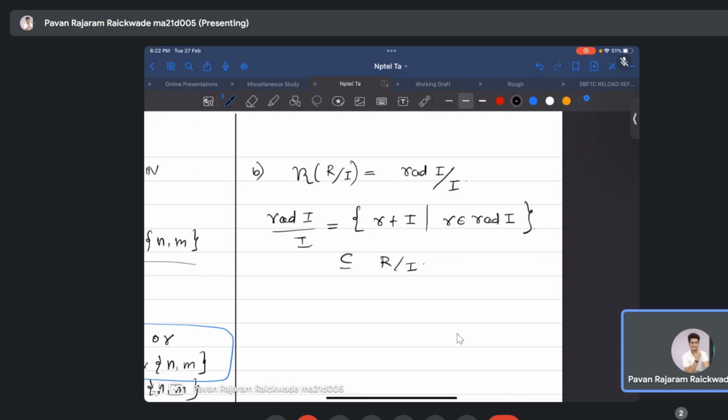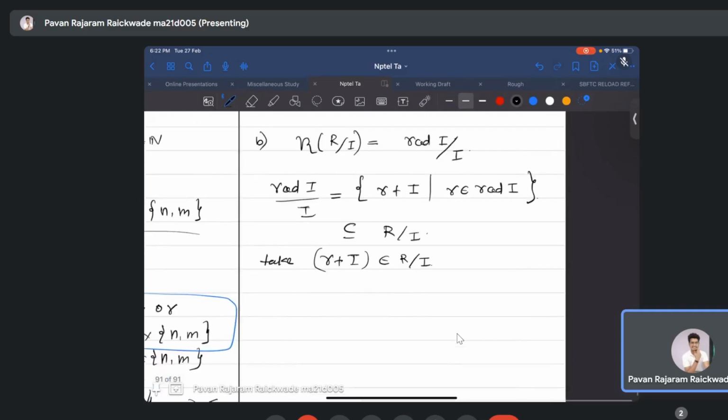So take an element r plus I belonging to R quotient I. See the sequence now. There exists n belonging to the natural numbers such that (r+I)^n equals 0.